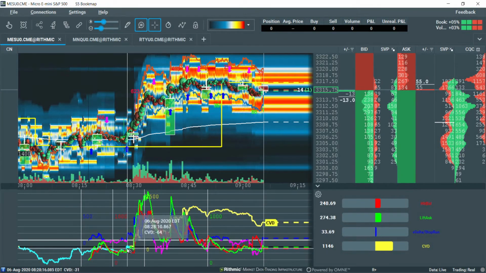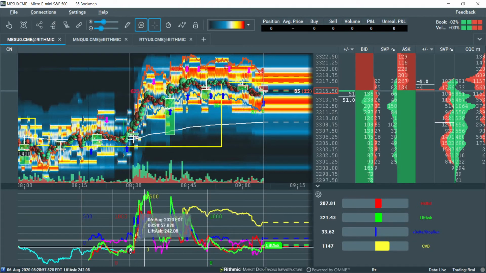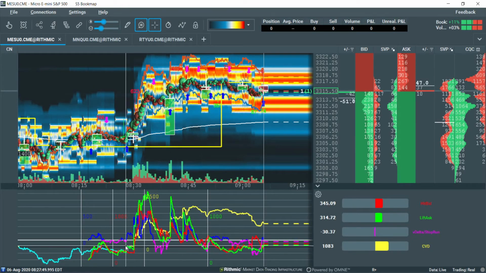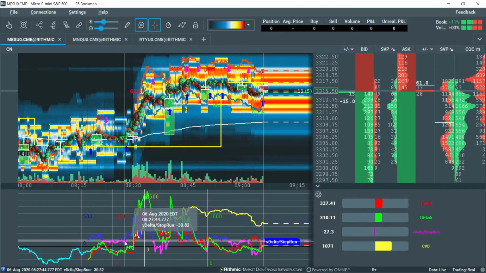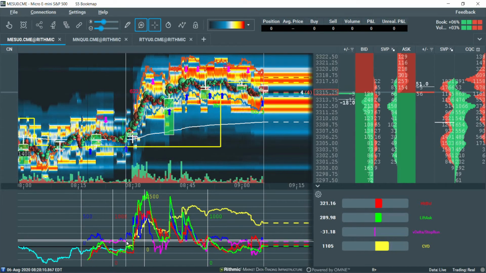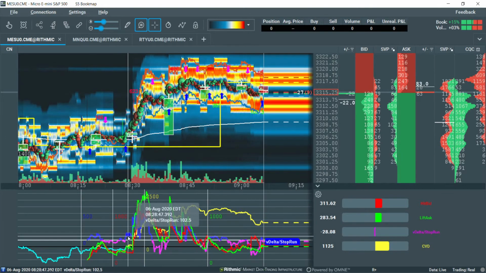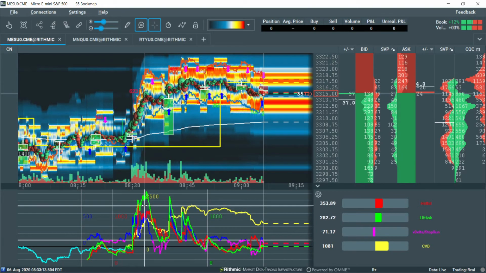And you also see the aggression in the buying overwhelming the selling once again at around 8:27:50, 8:28, and then 8:28:30 was the time warp long signal. So you had like a minute or so to get ready, to get situated, get your stops in, get all your contracts in, and then boom.